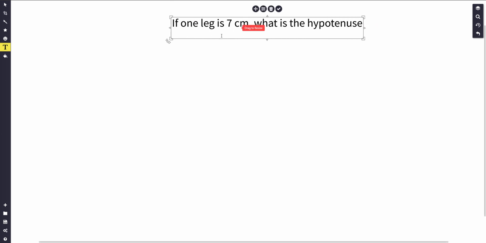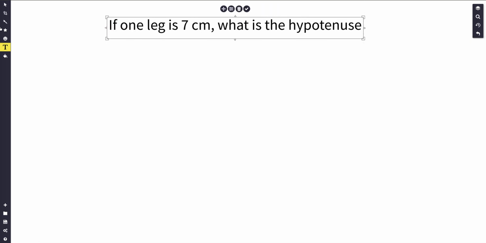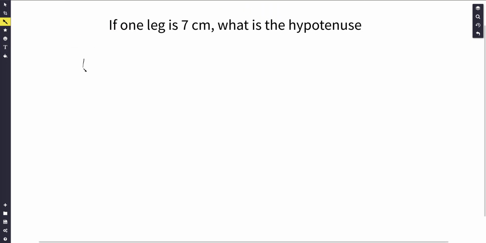Alright, let me make that bigger. And then we're going to be given this triangle just as a drawing. So we're given this triangle right here, and this is going to be known as the right angle, and we're given that this angle right here is 45 degrees. So you guys can pause the video. How do you think you would solve this?